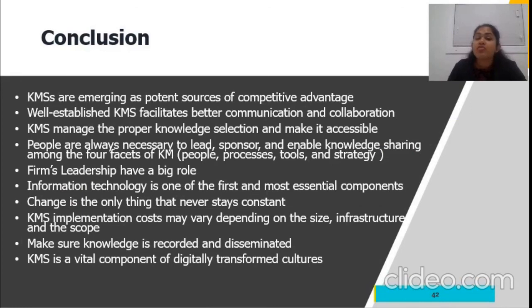The four phases of knowledge management are people, processes, tools, and strategy. People are always necessary to lead, sponsor, and enable knowledge sharing, regardless of the size of an organization or the knowledge need that must be met. The well-established KMS facilitates better communication and collaboration, better and faster decision making, process optimization, employee growth and development, building organizational knowledge base and stimulating innovation and change.